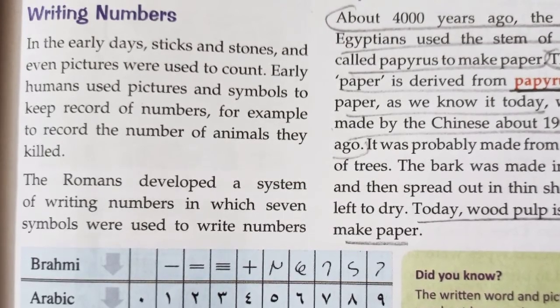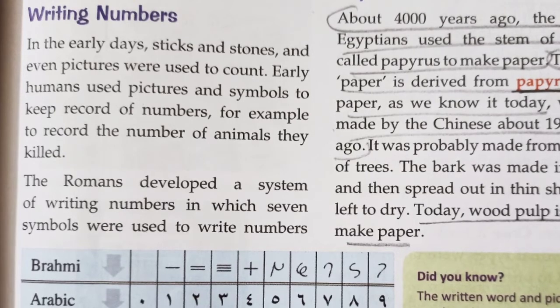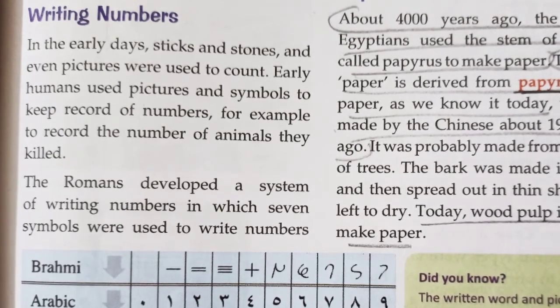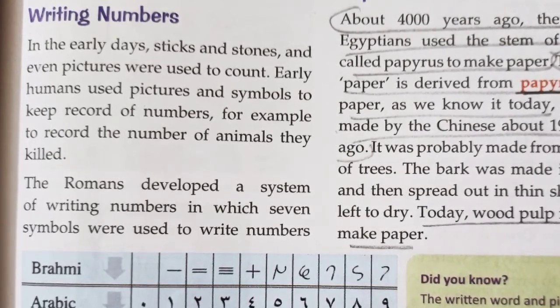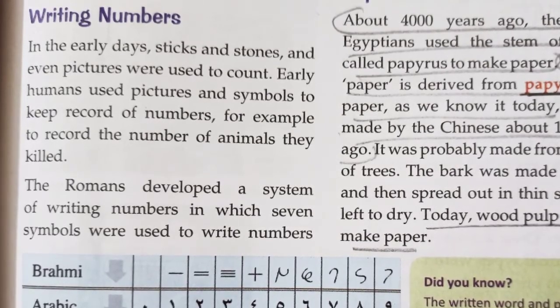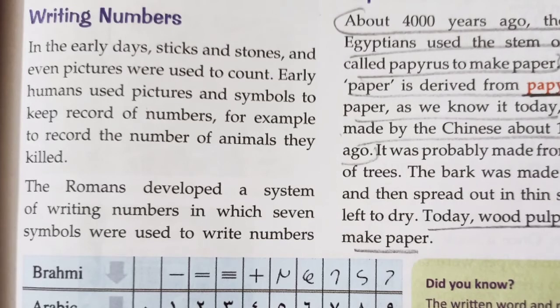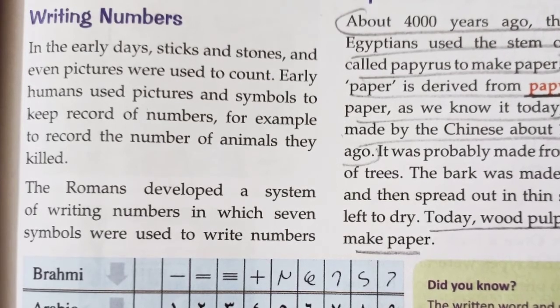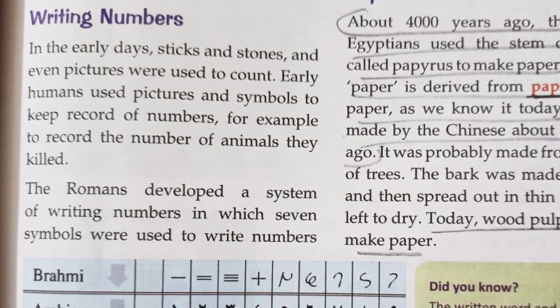So in older times, if early humans had to keep the number of animals they had killed, they used sticks, stones, and even pictures to make the count of it. Later on, the Romans developed a system of writing numbers in which 7 symbols were used.